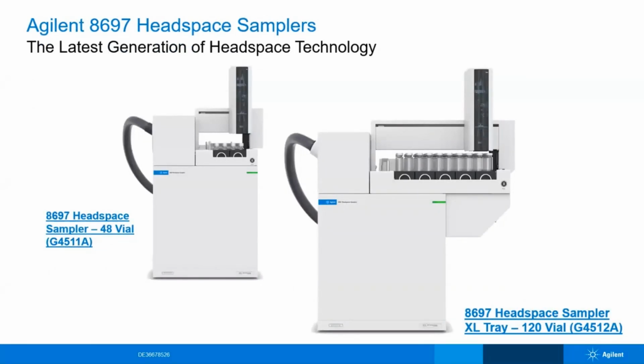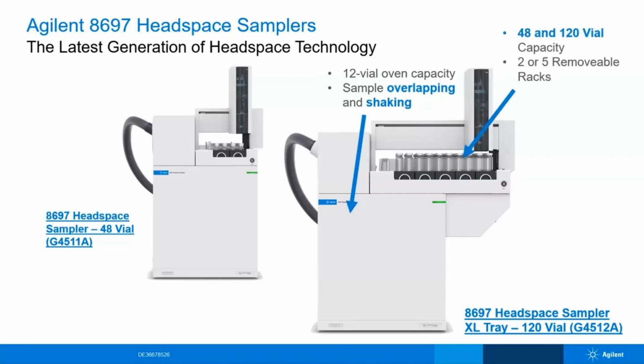Agilent provides a leading Headspace system through the 8697 Headspace sampler. This new generation has a number of features that allow most labs to reach their peak productivity. You have a 12 vial oven capacity, which provides the shaking and overlapping samples needed to maximize the number of runs per hour on any GC.